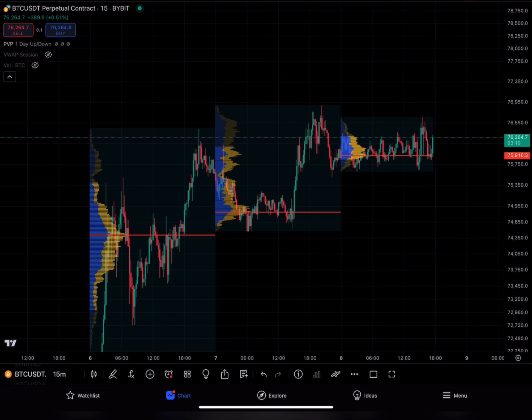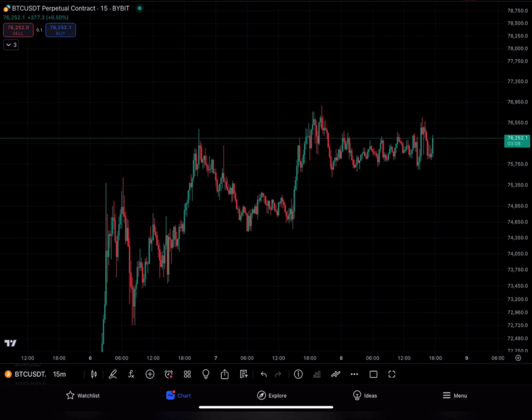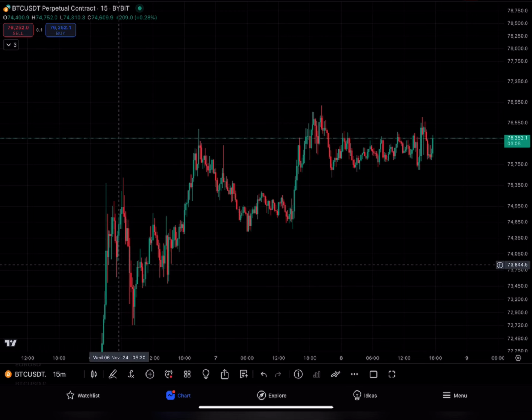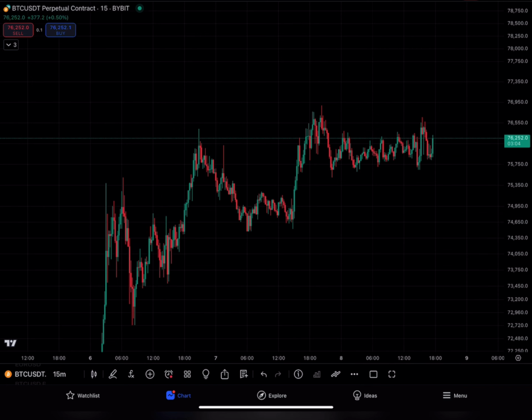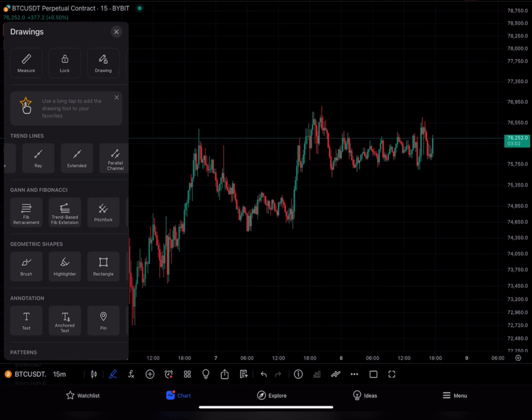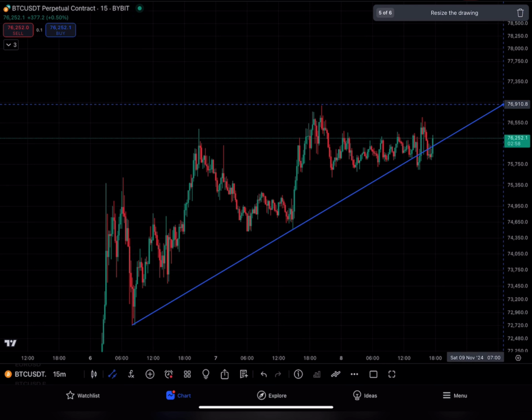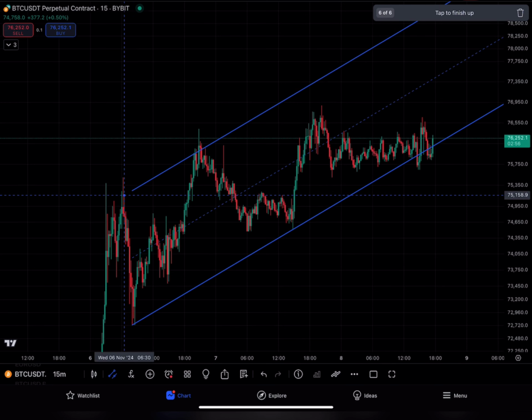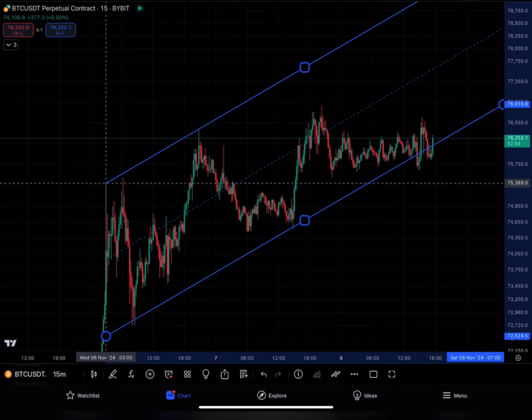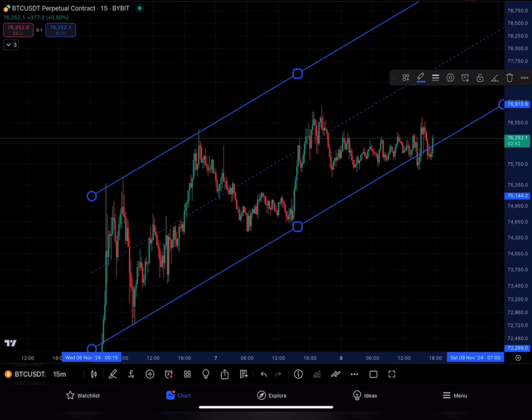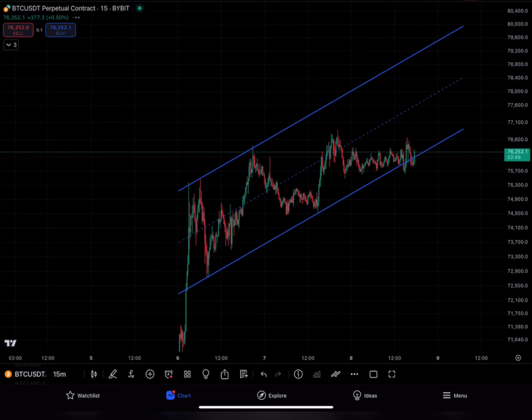The third thing I would say is when we are not ranging sideways, but doing an ascending channel as we're doing right now. As you can see right here, if I pull one from here to here, we are basically in channel action right as we speak. It's not a perfect one, but you understand what I mean.